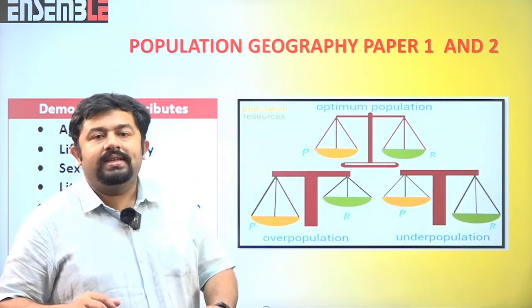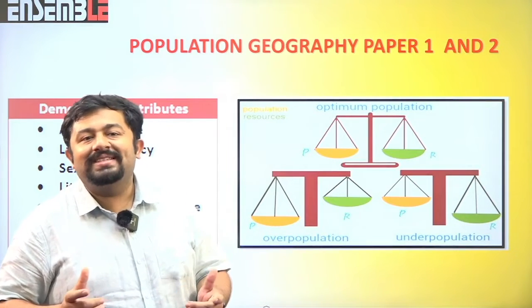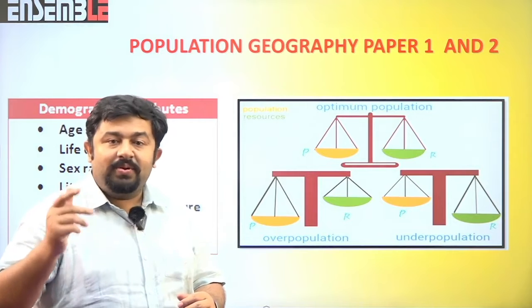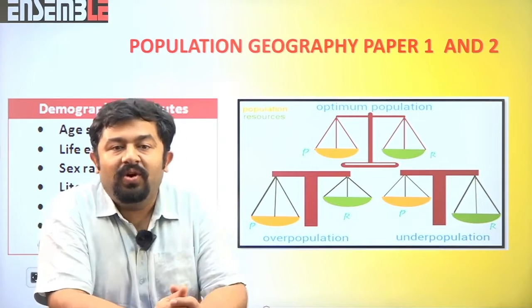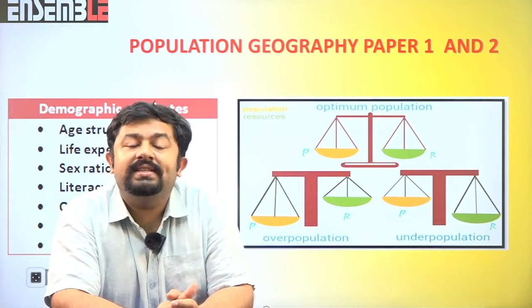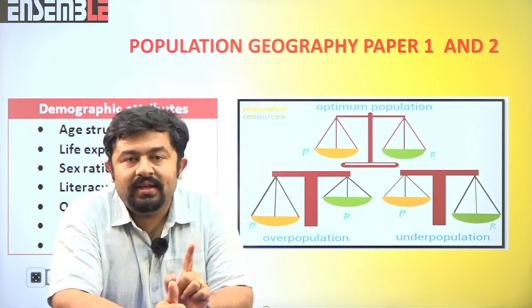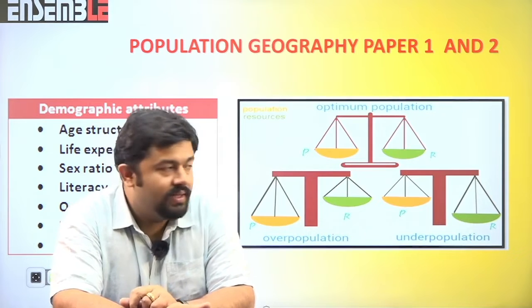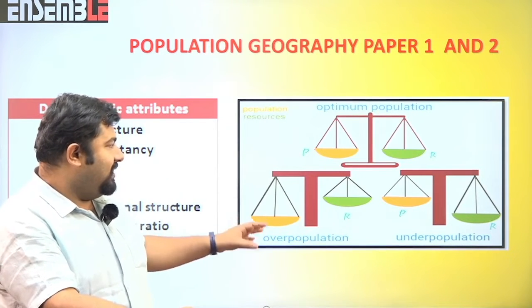So who decides that a region has underpopulation, or who decides a region has overpopulation? It is said that India is having overpopulation. But who decides that? It is decided on the factor of population resource ratio. As you can see in the diagram of overpopulation, this is a balance.